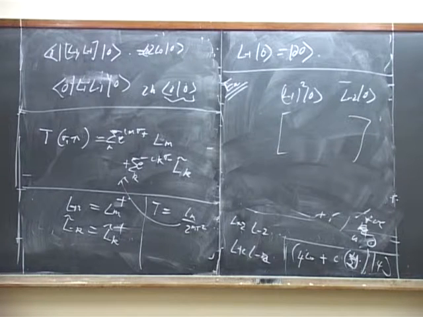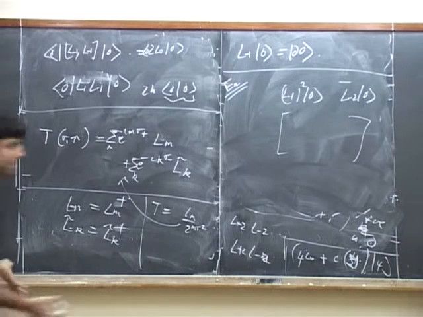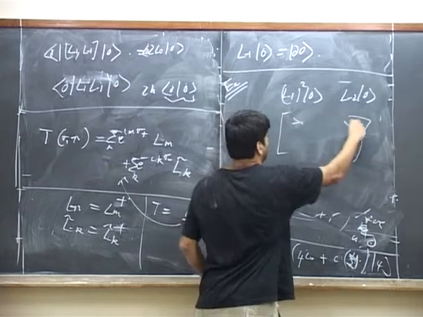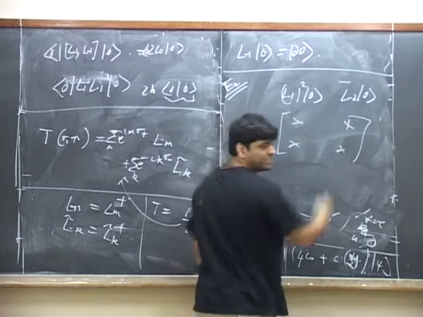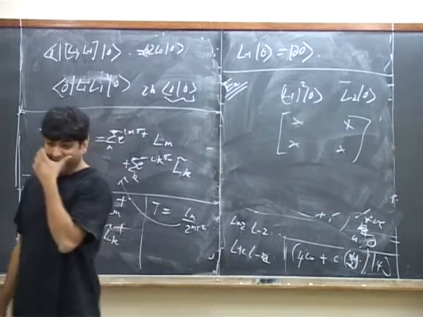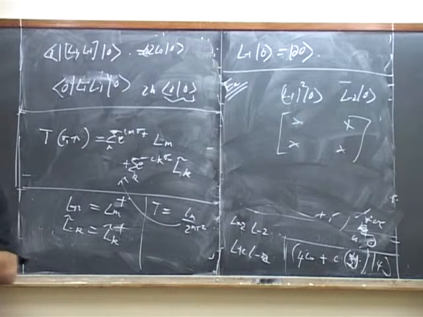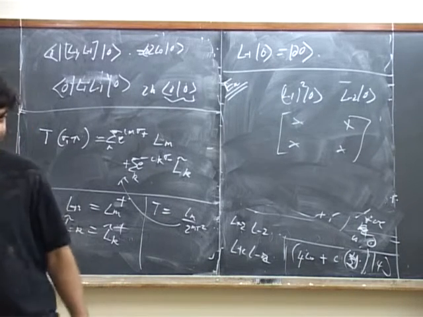This matrix can be computed by using the commutation relations of the L's, the Virasoro algebra. I want you guys to do this calculation. It's a little calculation. Compute this 2 cross 2 matrix of inner products of states.